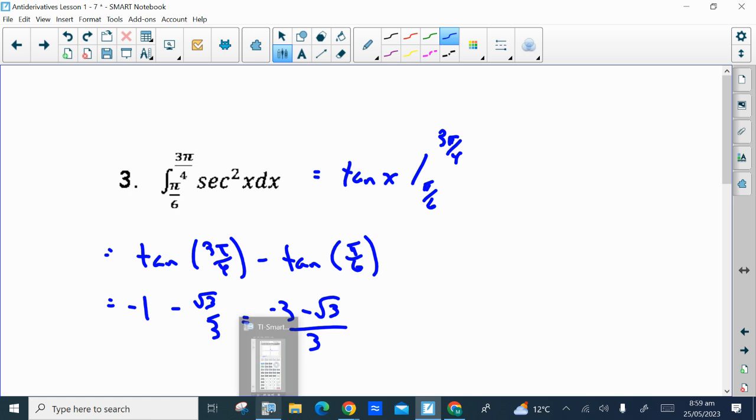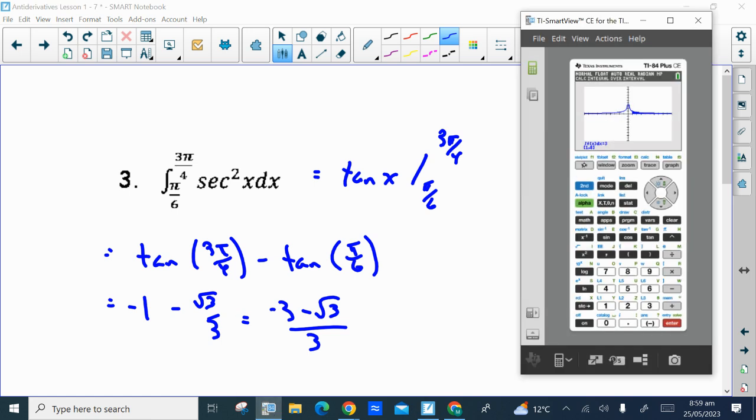So again, you can use a calculator to check this. We'll have to go 1 divided by, in brackets, the tan of x, close both brackets, and squared.